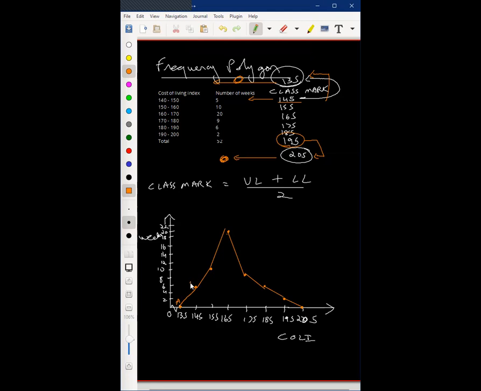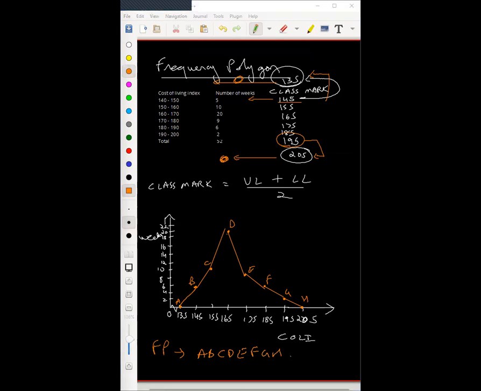So this is A, B, C, D, E, F, G, and H. So the frequency polygon in our case is A, B, C, D, E, F, G, and H. Here you see we don't have to make the histogram directly, we just made the frequency polygon by making a class mark from the classes. Is this clear? Now again, frequency polygons will be used only when the data is in continuous classes, not non-continuous or discontinuous ones. Please copy this down.